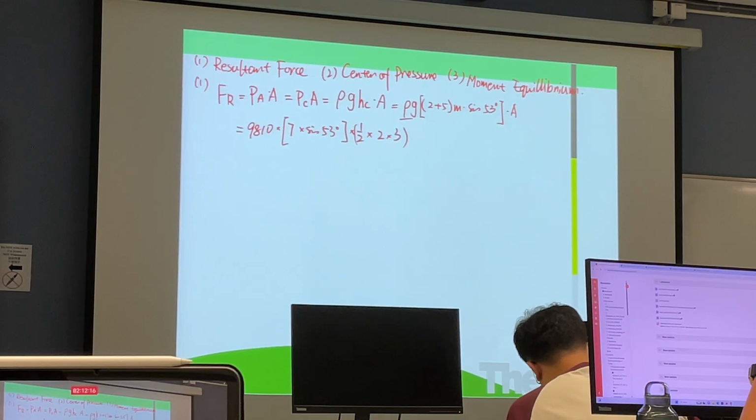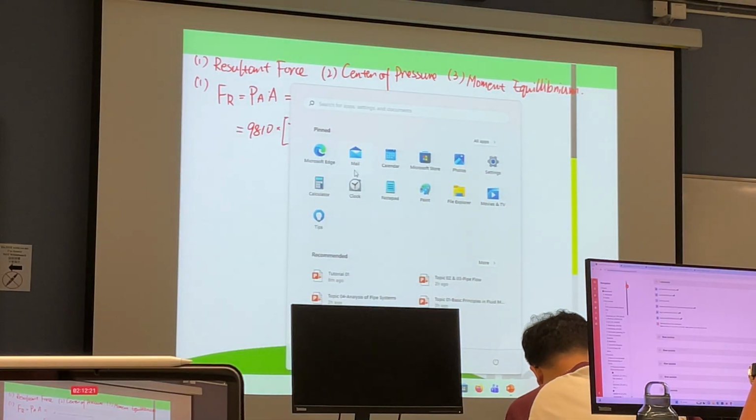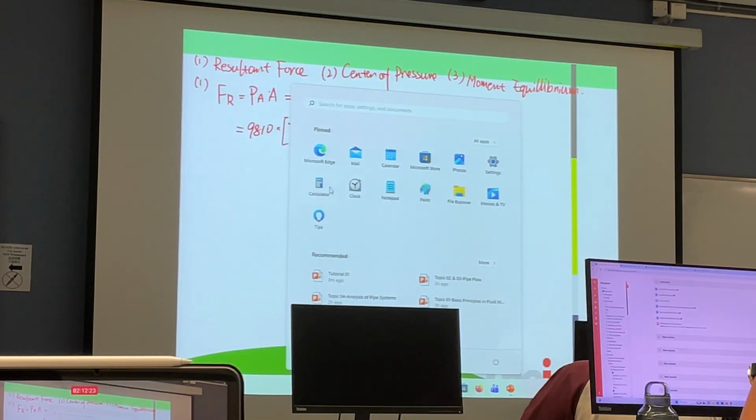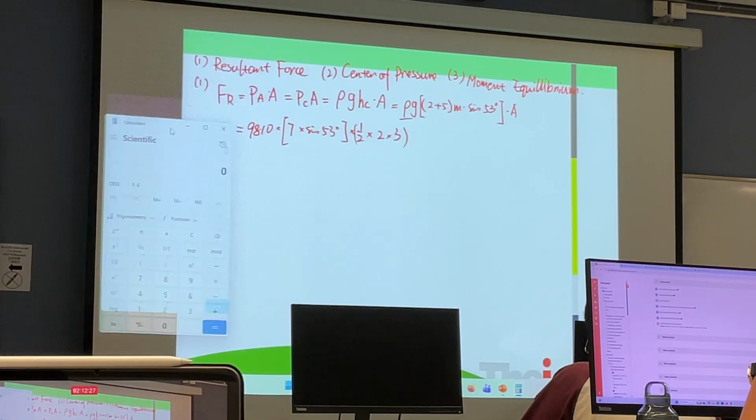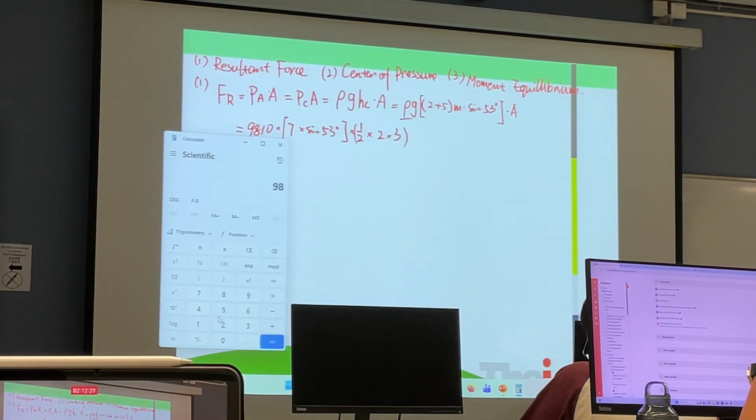The resultant force is not given in the bottom answer, so we can calculate it ourselves. It's 9810 times 7 times 3 times sine 53 degrees.